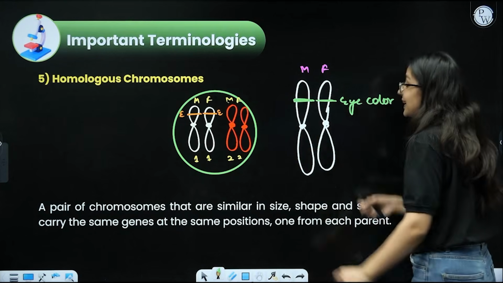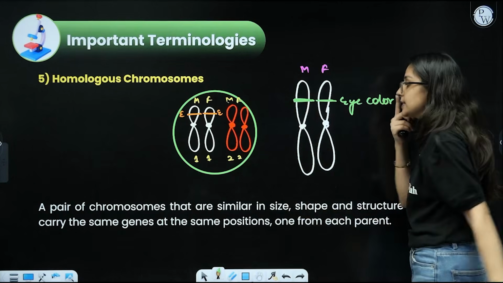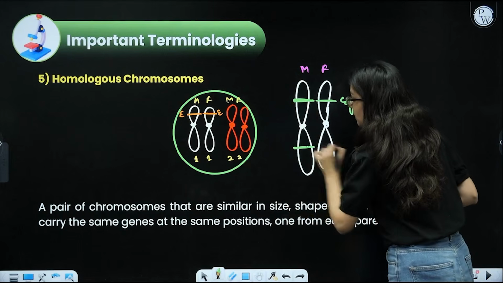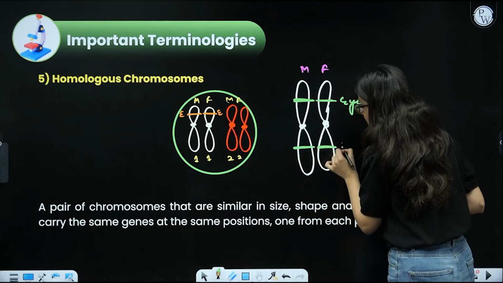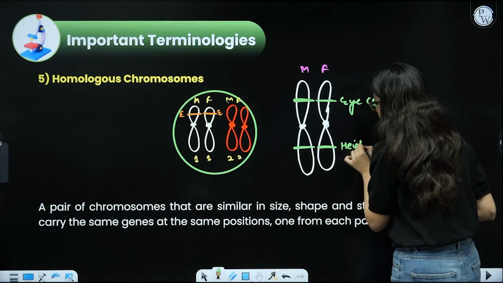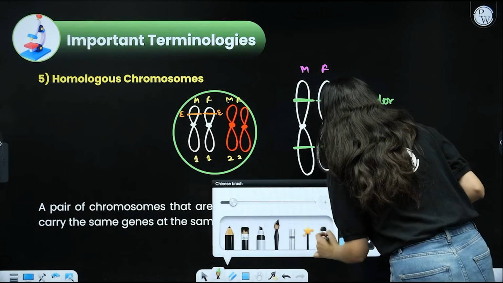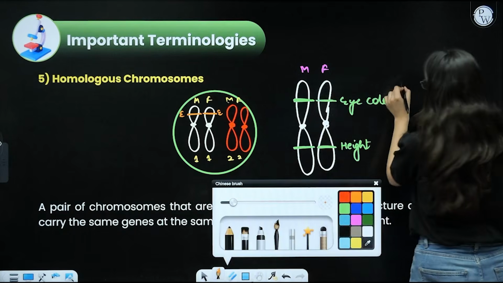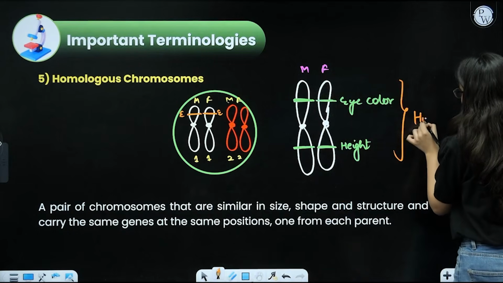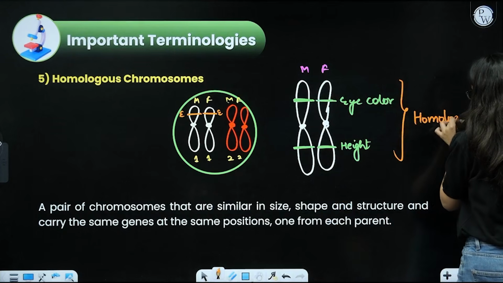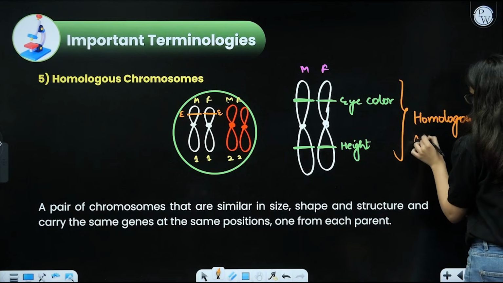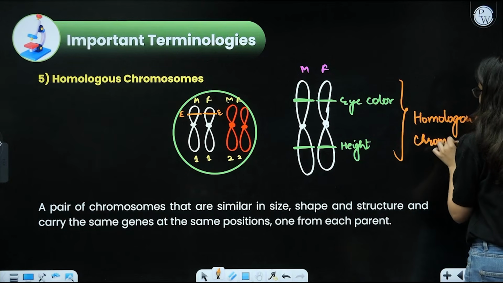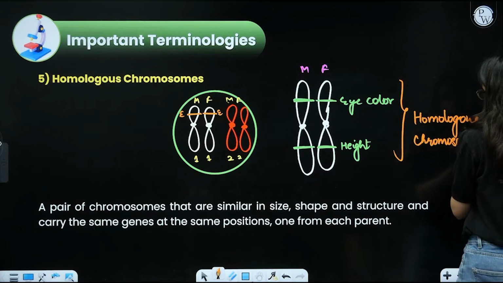So the gene arrangement is definitely in exactly the same manner. The height gene from the mother is over here and the height gene from the father is also supposed to be over here. Such chromosomes are termed homologous chromosomes. Got my point, everybody? Let us also try to understand with the other chromosome pair that we have drawn.